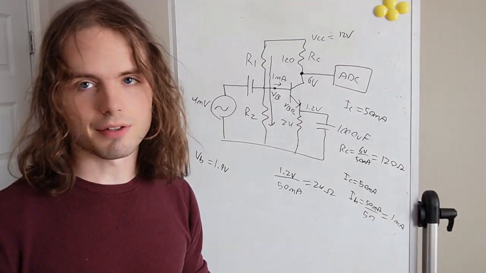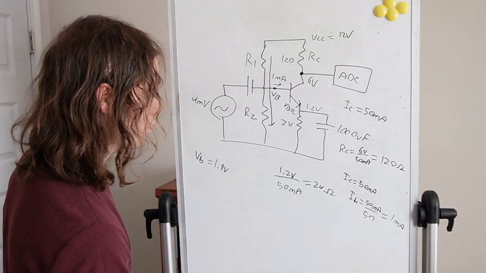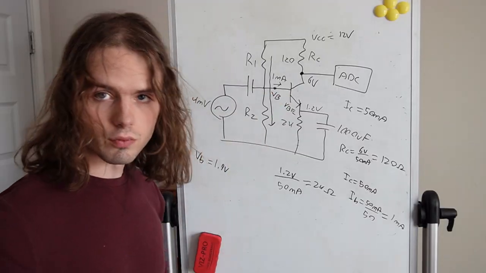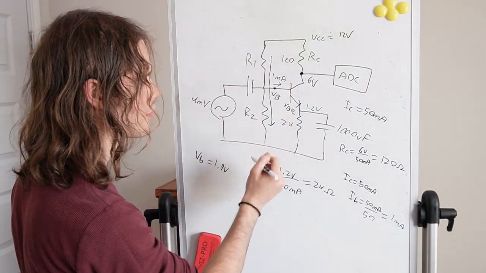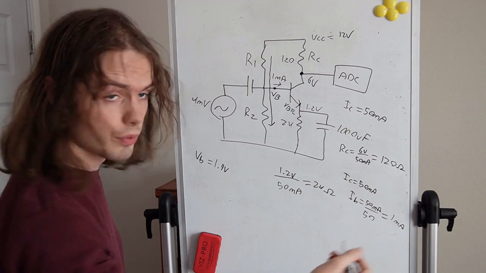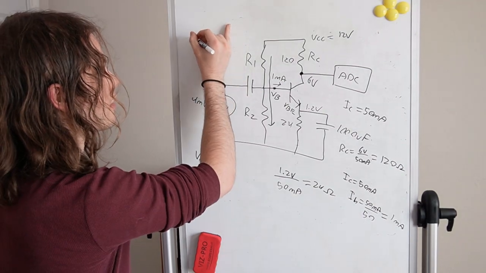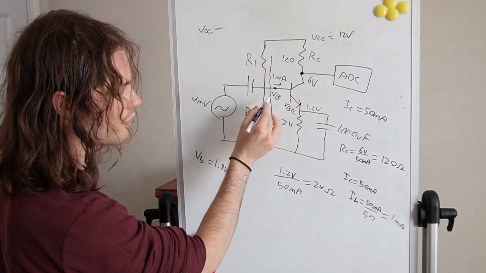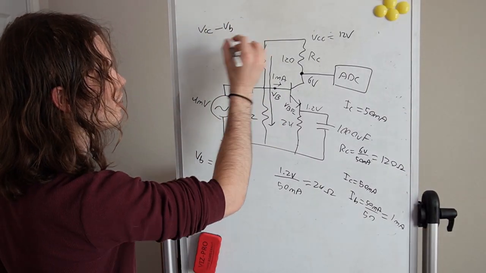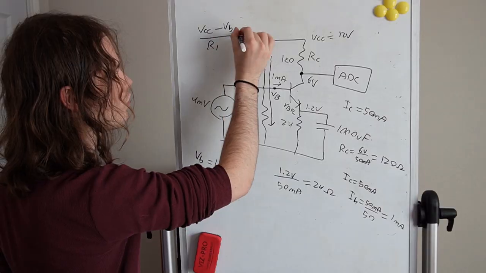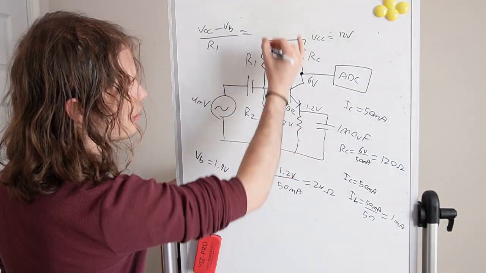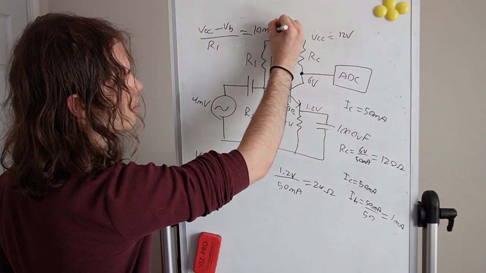And people generally say 10x. So we know that if there's going to be around 1 milliamp flowing through here, we'll say that we want 10 milliamps flowing through here. So we can calculate this now. We know that VCC minus VB divided by R1 will equal the 10x IB, which in our case is just going to be 10 milliamps.